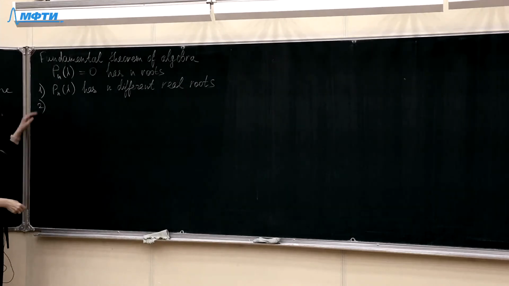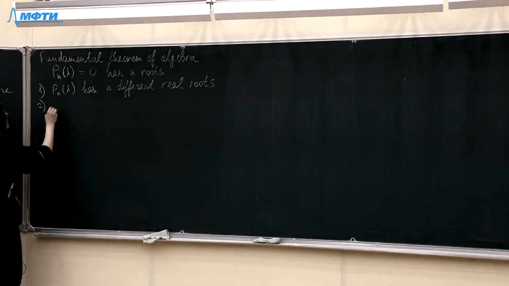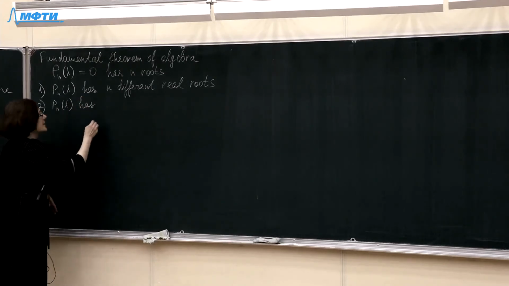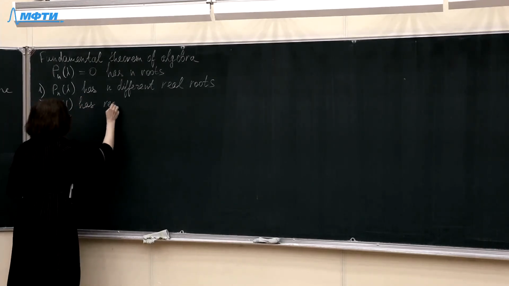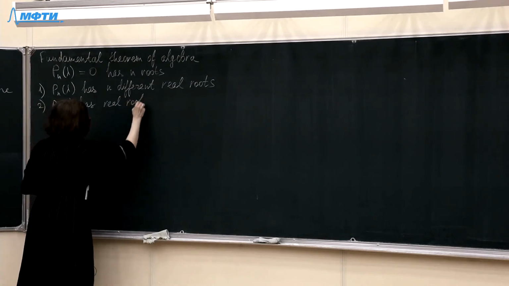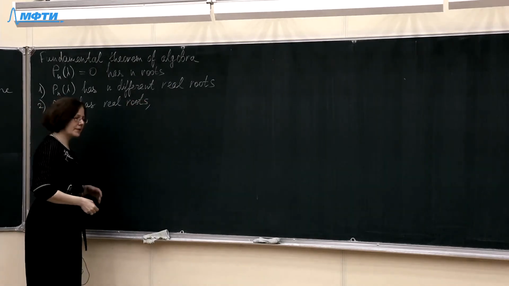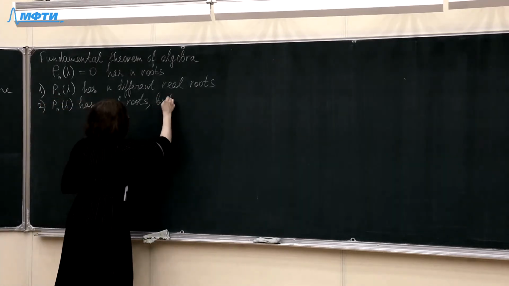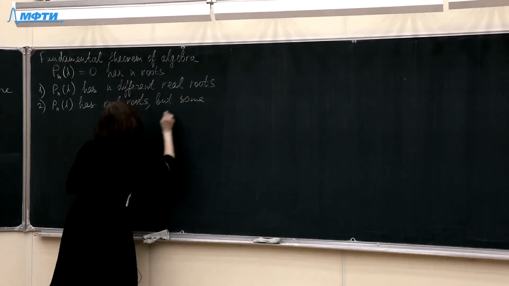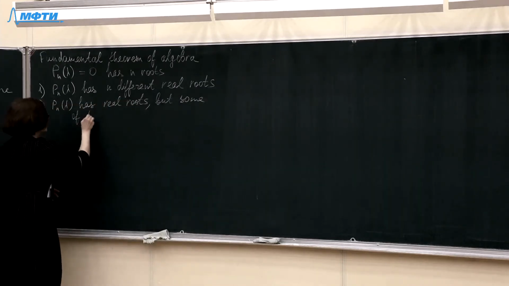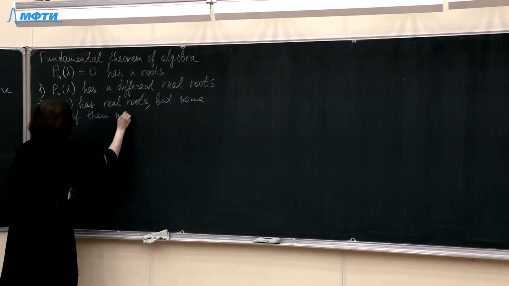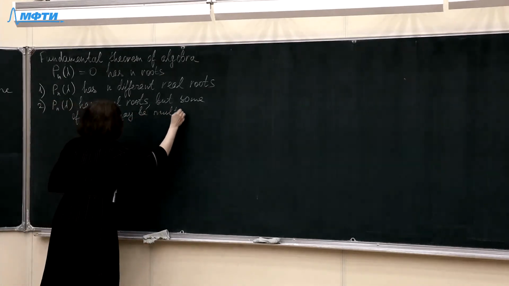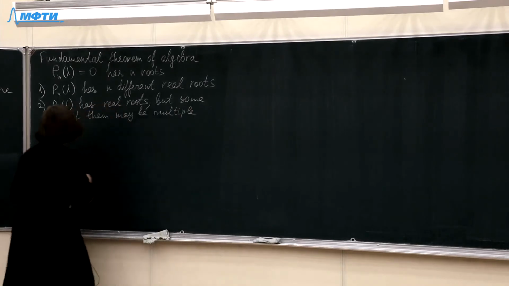Case number 2 to be considered is when P_n of lambda has real roots, but some of them can be multiple roots.